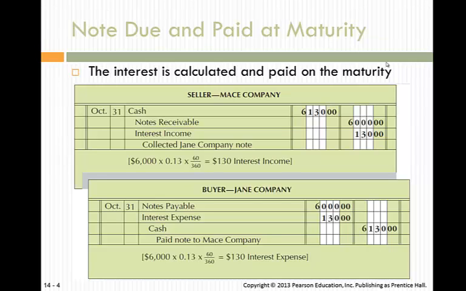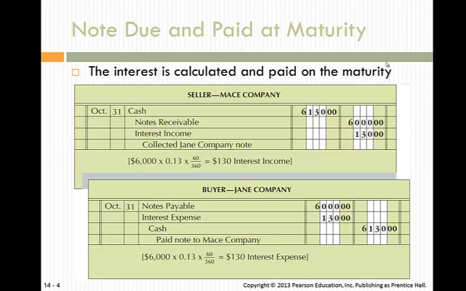Interest is principal times rate times time, which means 6,000 times 13% times 60 days, which in terms of a year is written 60 over 360. If you enter that into your calculator, you get $130.